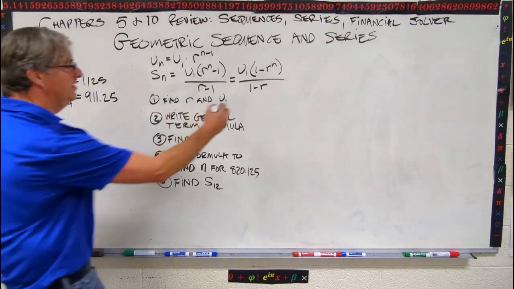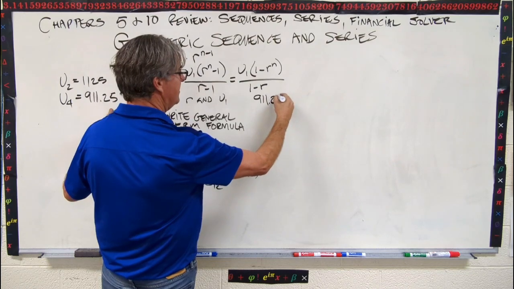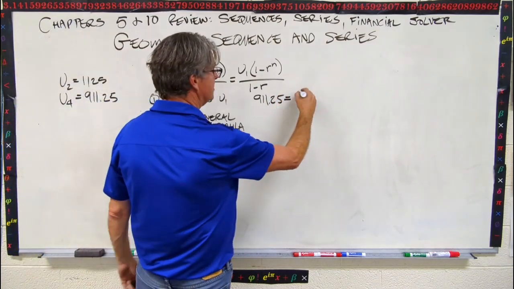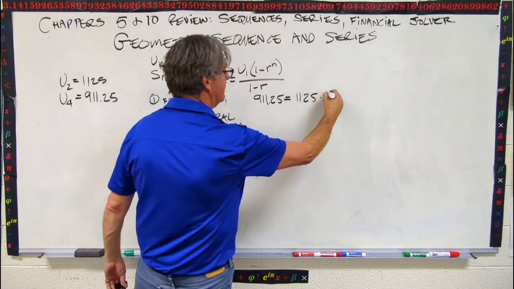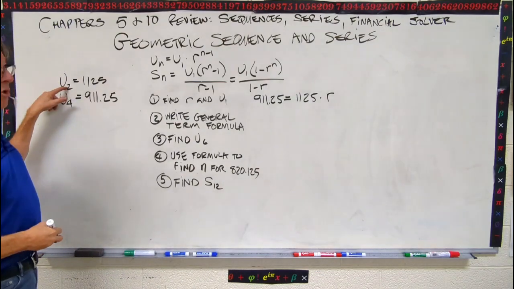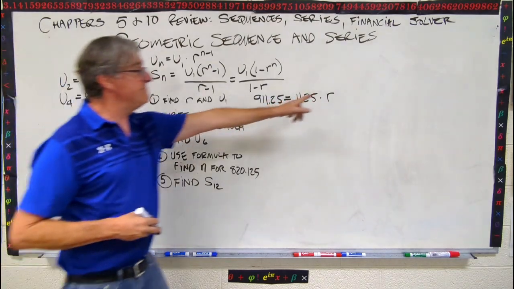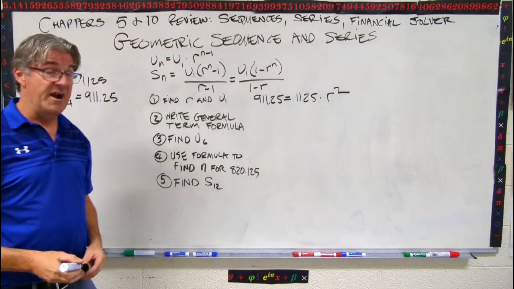So then we can go U3, 911.25 is going to equal U2, which we're calling U1, 1125 times R to the n minus 1. So if this is term 1, this would be term 3. So n minus 1 in this case would be 2. So that would be R squared.